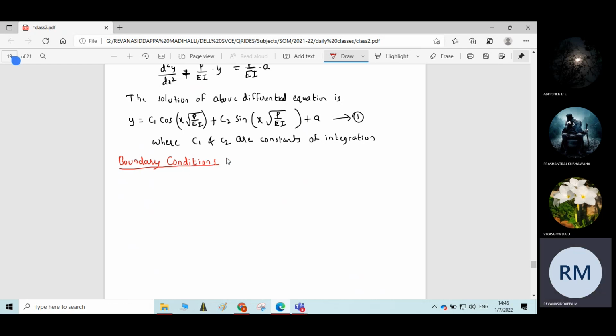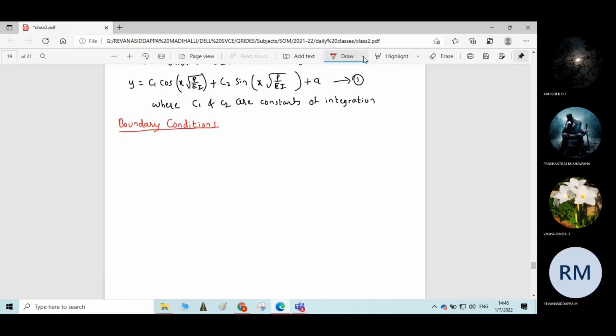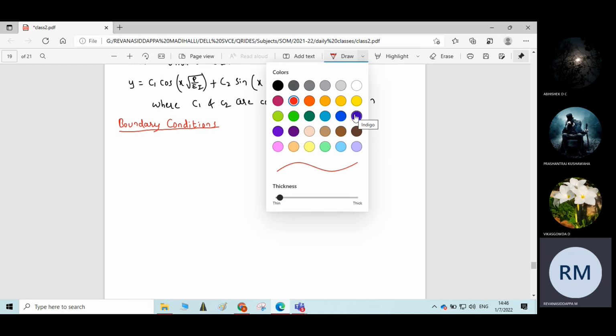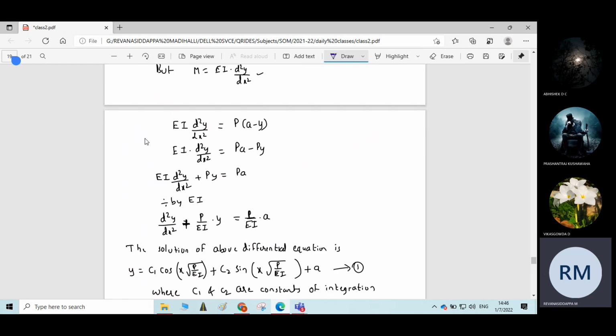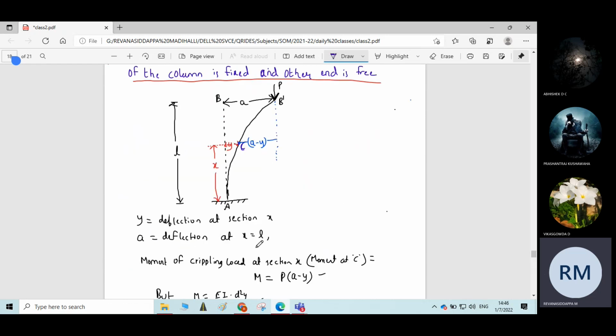Now coming to the boundary conditions. Here you will have to use a total of 3 boundary conditions.